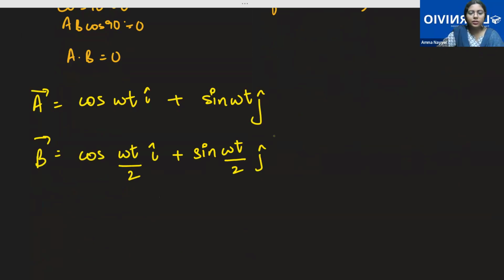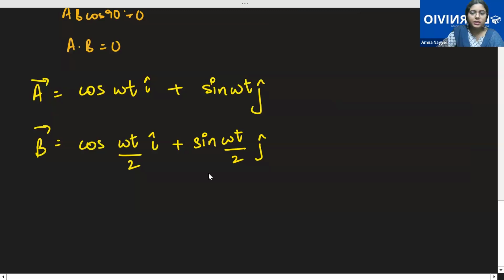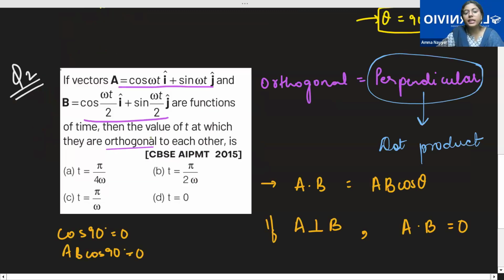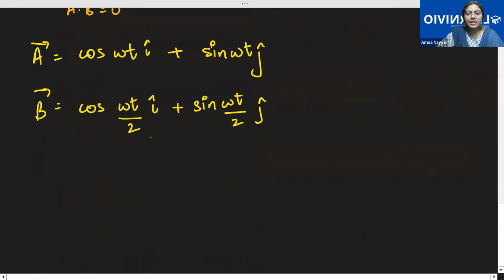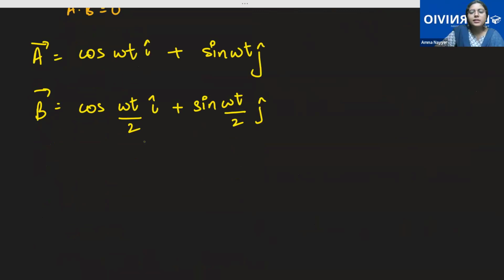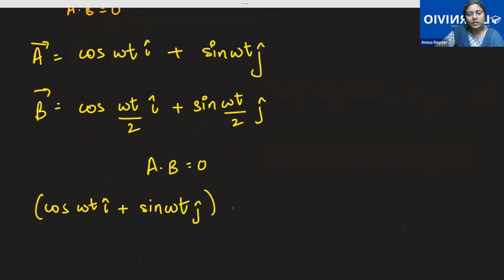Now we have to find the value of t. As I said, just go for the dot product, because at least you know that their dot product is 0. So A dot B equals 0. A is cos omega t i cap plus sine omega t j cap, dot cos omega t by 2 i cap plus sine omega t by 2 j cap.